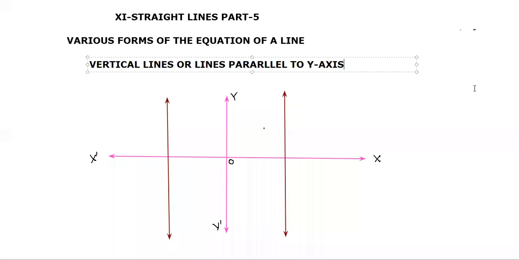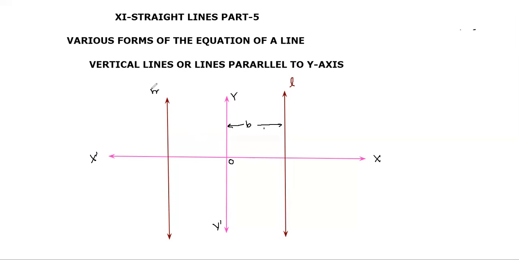Okay. Now we see vertical lines. What will be the equation of vertical lines, or lines parallel to the y-axis? So this is the x-axis, this is the y-axis, and this is a line L which is at a distance of B from the y-axis.